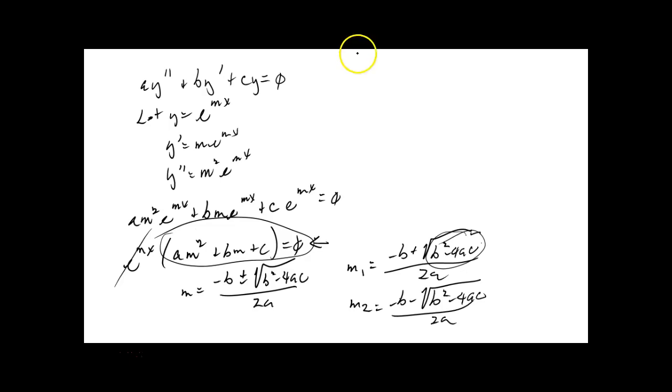That would be y is equal to c1 e to the m1x plus c2 e to the m2x. I left off my e here. That's it. You just write it down.